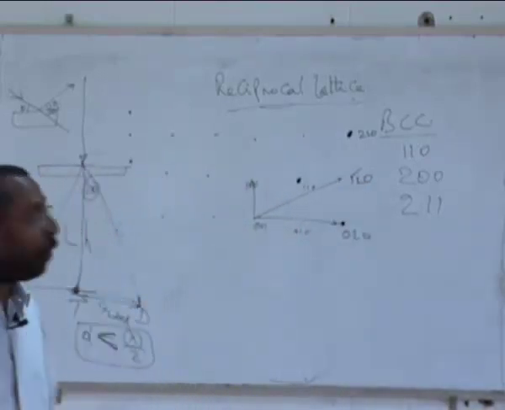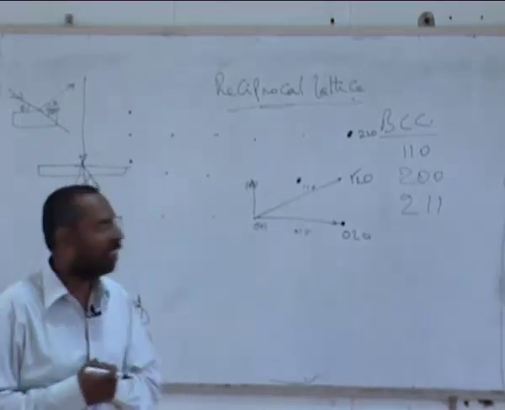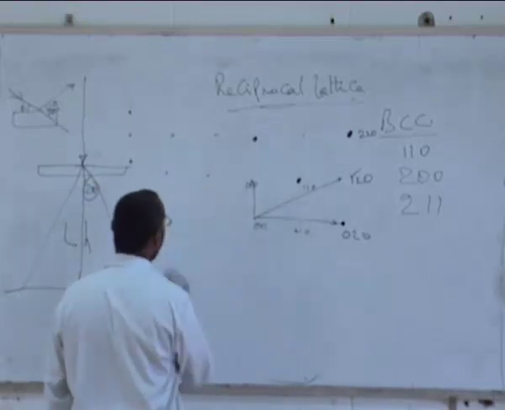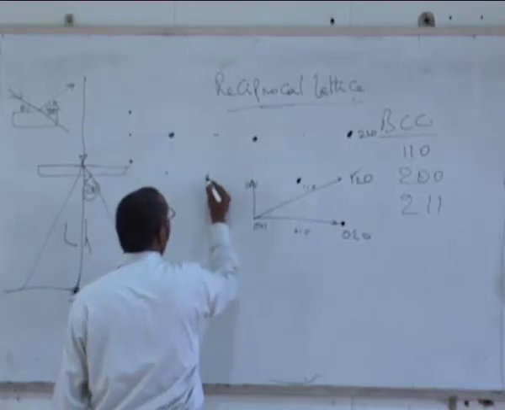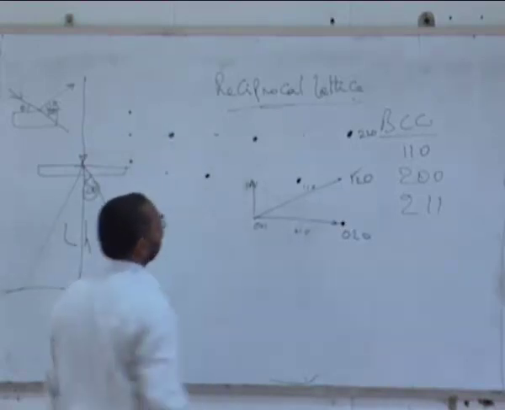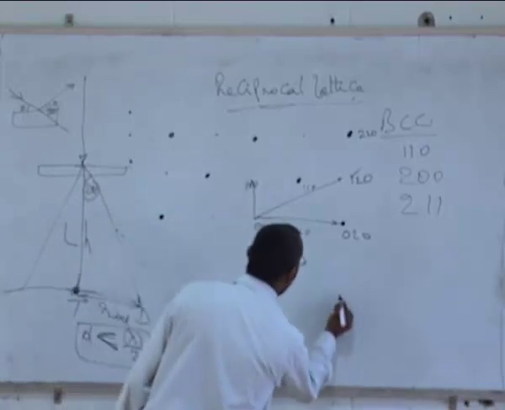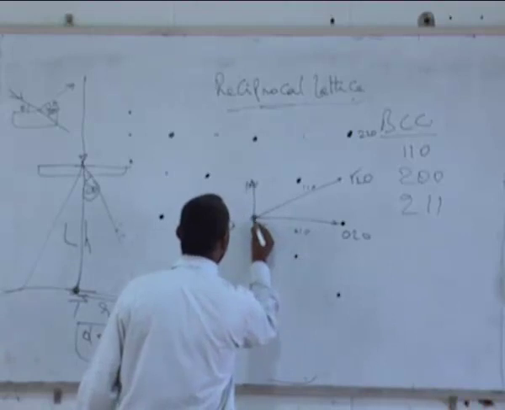Now if I look at only those spots which appear in the diffraction pattern, and those spots are this, for example, this, and this, and if I continue, I will have one here, one here, one here. This is the transmitted spot.